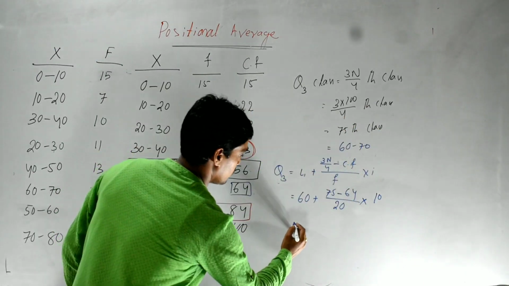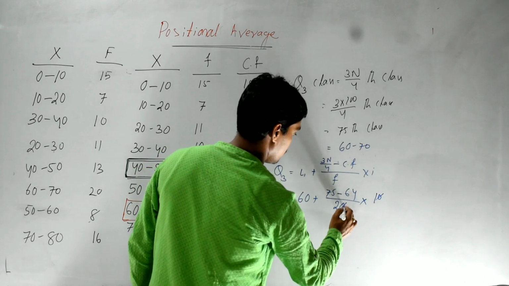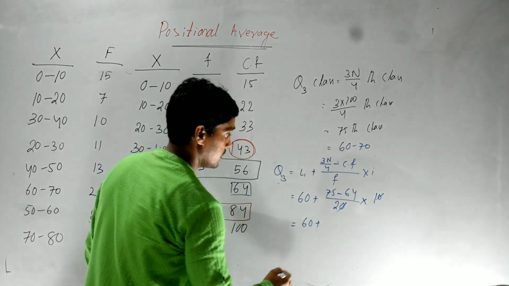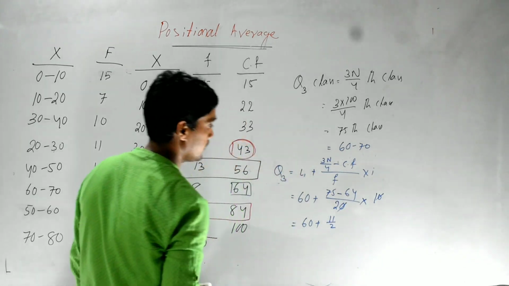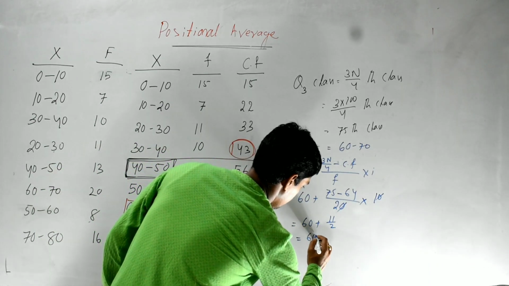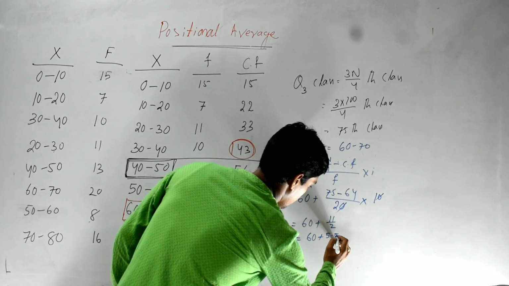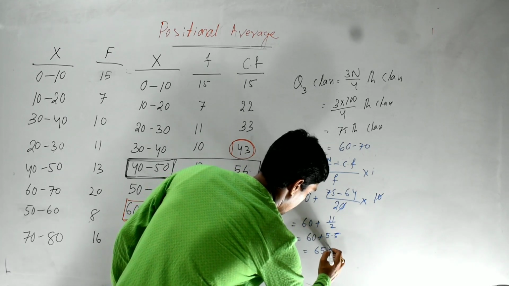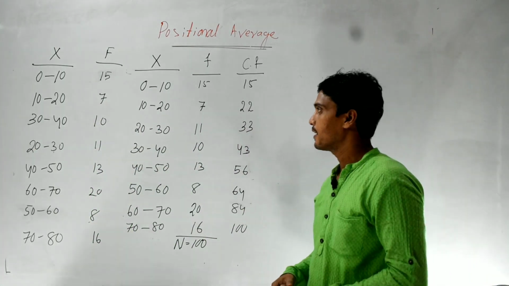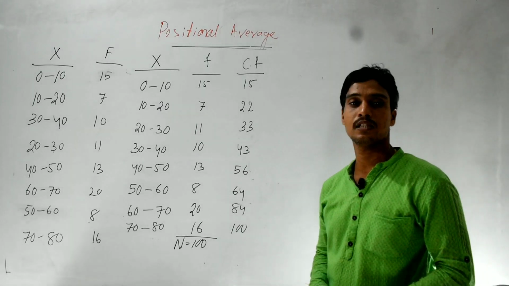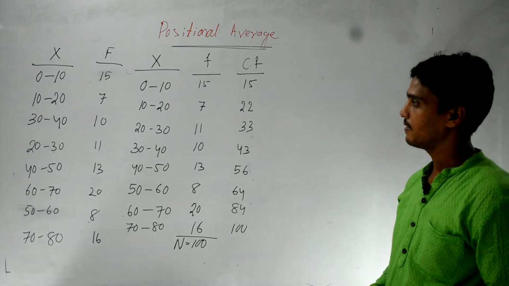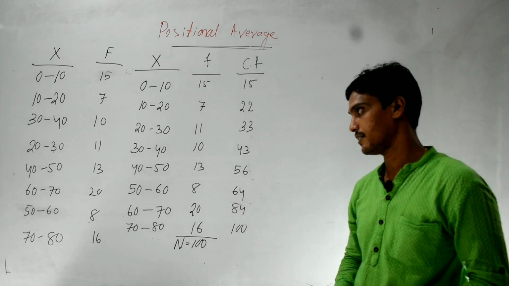Now we simplify it: the zeros cancel, 75 minus 64 is 11, so 11 by 2. So our third quartile value is 60 plus 5.5, that is 65.5.